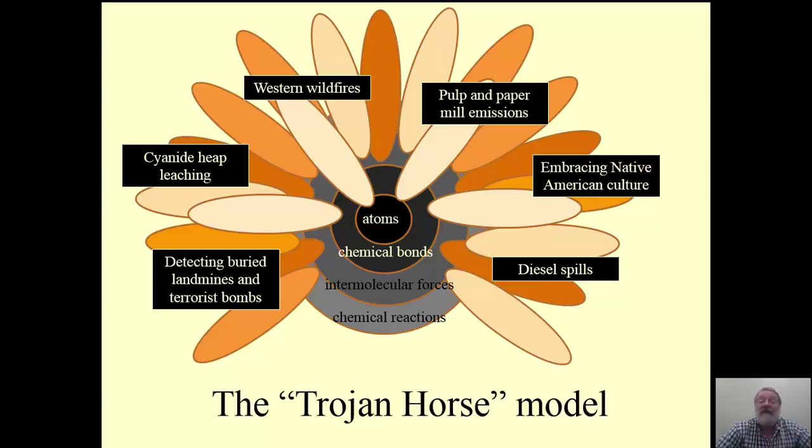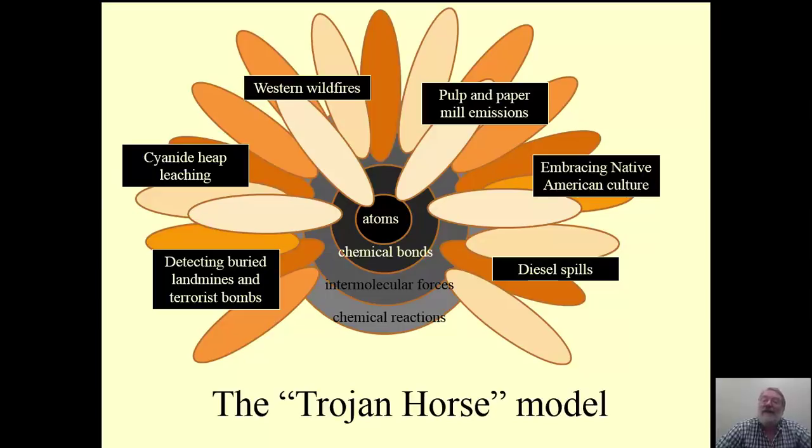These are issues that belong in that wildfires and polluted waters in the West theme, and are enrichments to the normal chemistry content. So for instance, in my course I talk about detecting buried landmines and terrorist bombs using honeybees. I talk about the cyanide heap leaching, western wildfires, and the pulp and paper industry because we have a big pulp and paper mill in the same city as the university is.